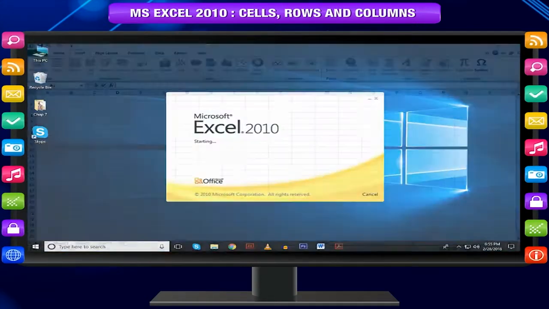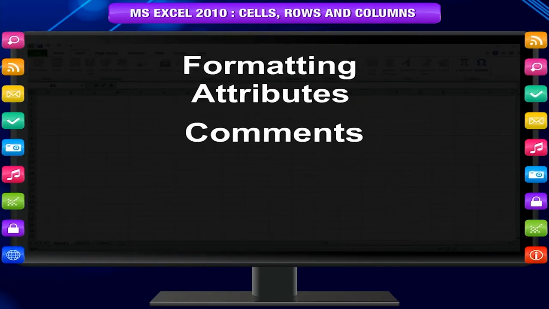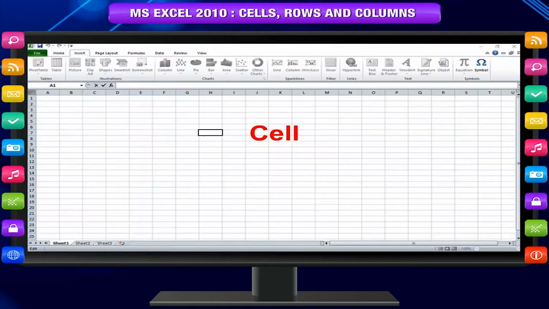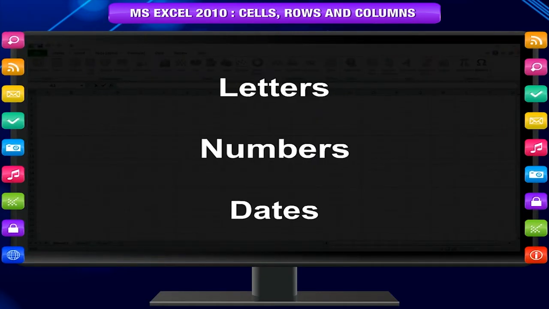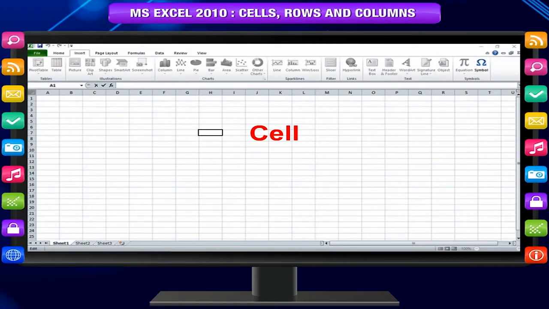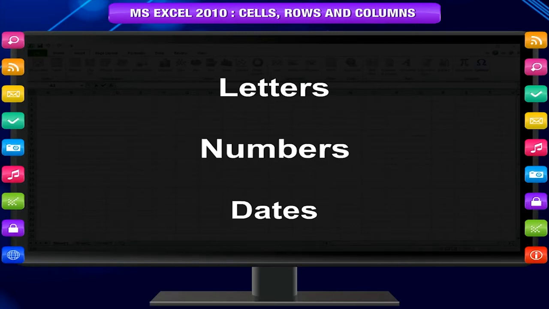Cell content. Each cell can contain its own text, formatting attributes, comments, formulas, and functions. Text. Cells can contain letters, numbers, and dates. Formatting attributes. Cells can contain formatting attributes that change how letters, numbers, and dates are displayed.